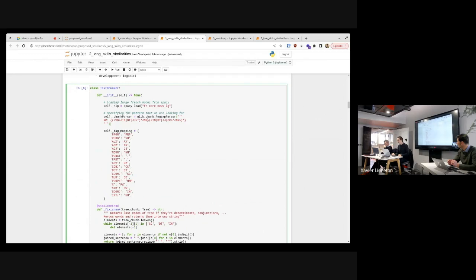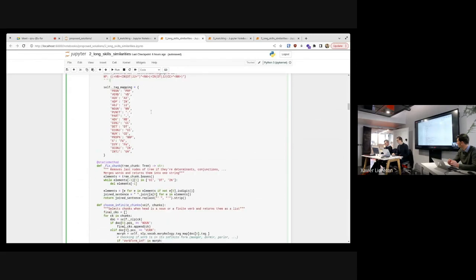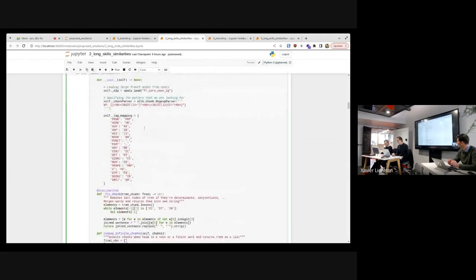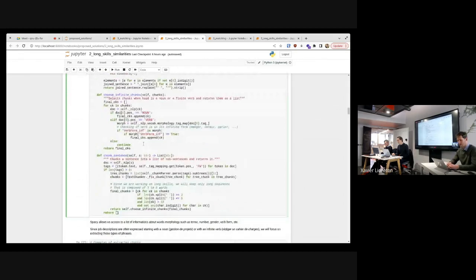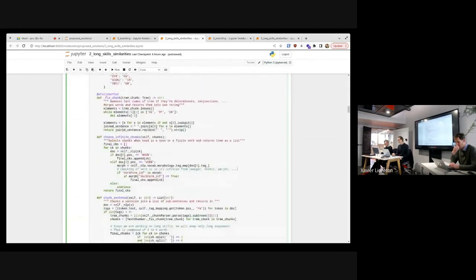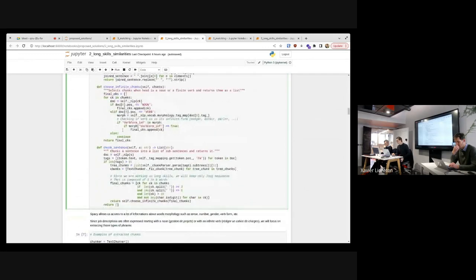So we experimented with this regex until we were happy with the output of the algorithm. I would not be able to write it again like this. And here you have code to actually parse this regex, which I won't go through.